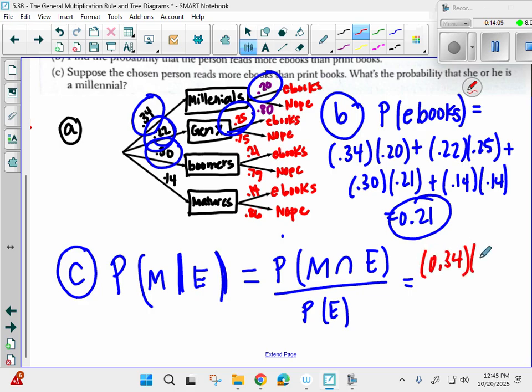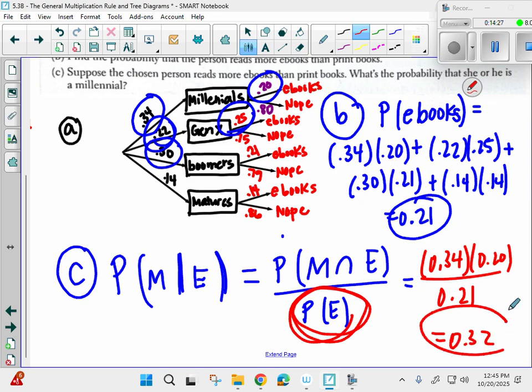All right, millennial and ebook. And in the bottom, what am I going to put, you guys? The answer I just got from part B. This would be all your pathways to ebook. All right, and when I divide those out, I get 32% chance that if they like ebooks, they're a millennial.